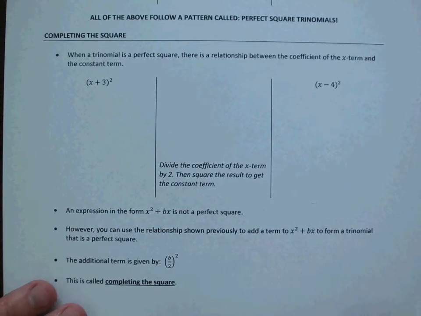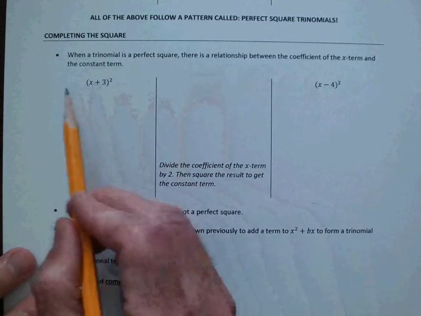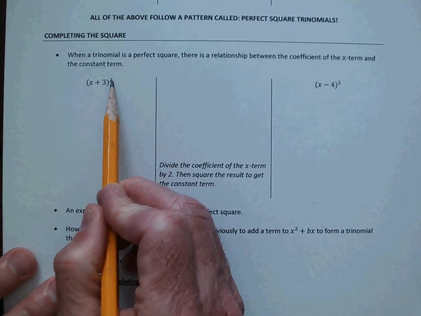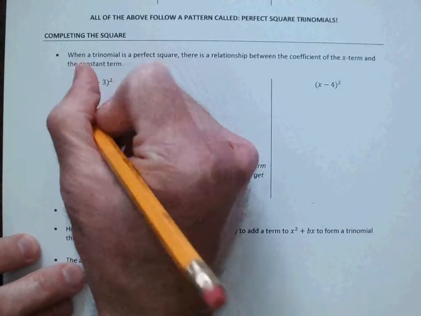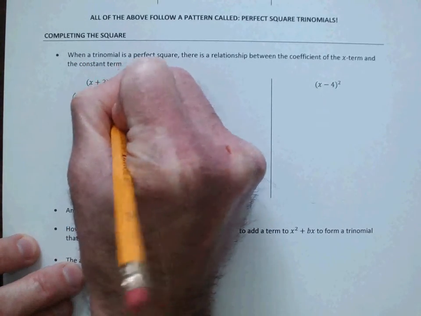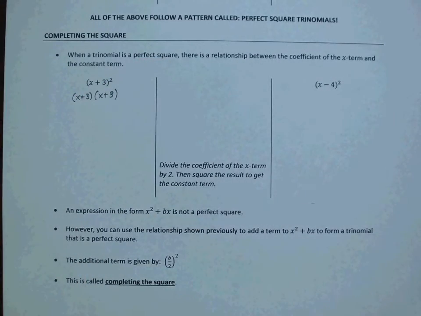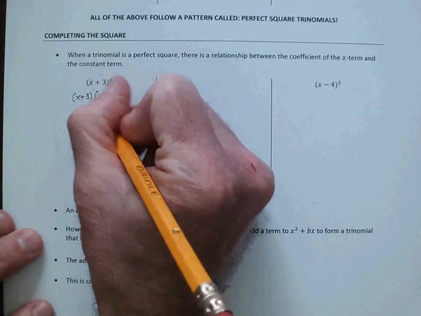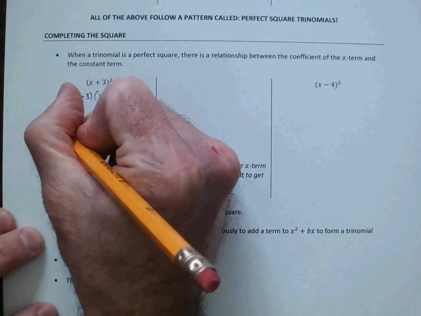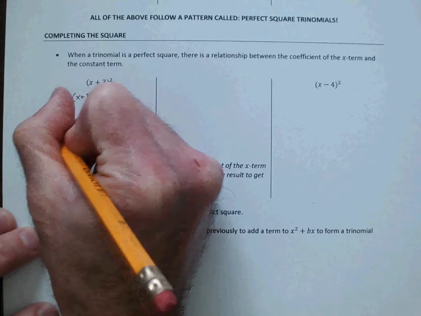So the very first problem here is written as a perfect square. If we multiply it out, remember this is x plus 3 times x plus 3. You don't need to write that if you don't need to see that. And if we multiply, FOIL or whatever method you prefer, we'll get x times x is x squared.